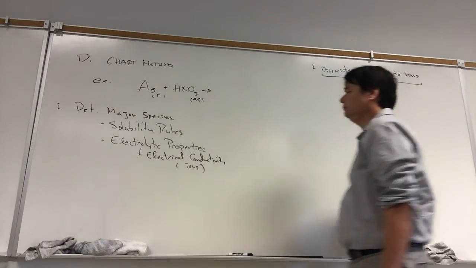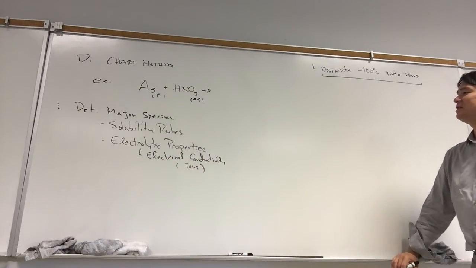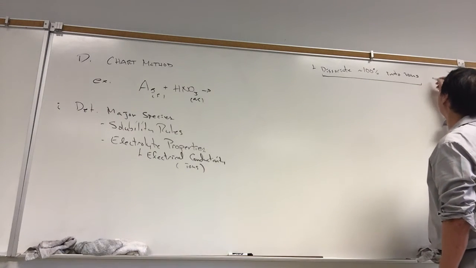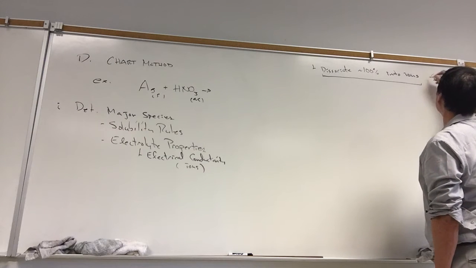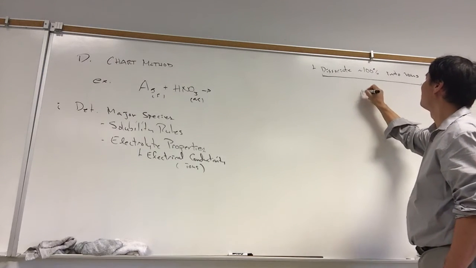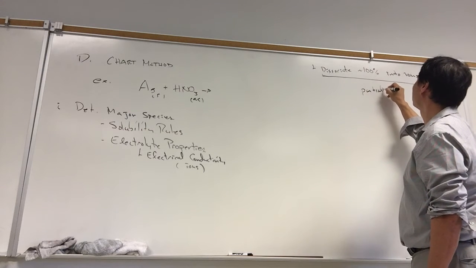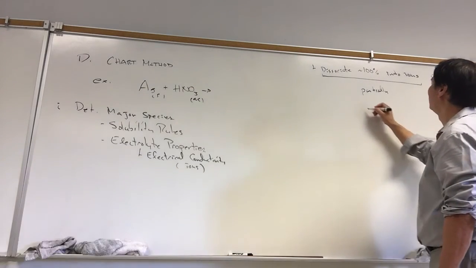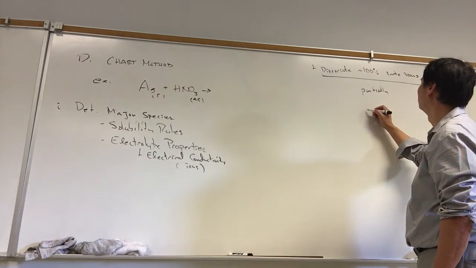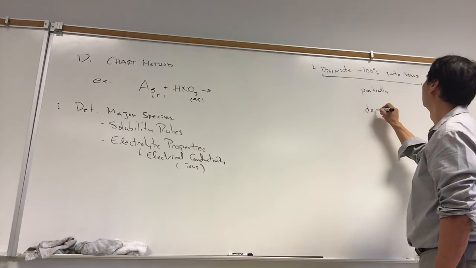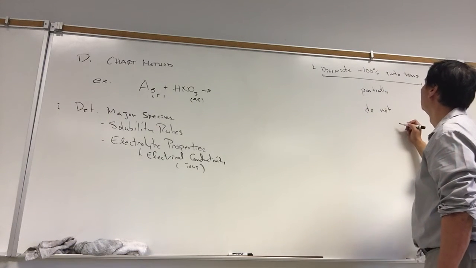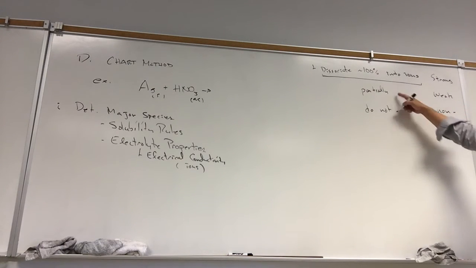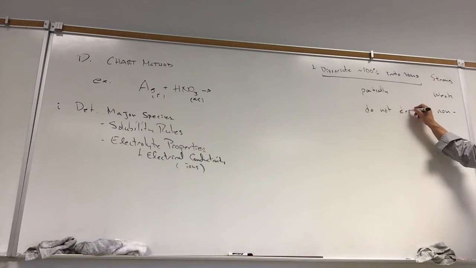Now, what types of species? If they dissociate almost 100% into ions, we call those strong. But some things don't. Some things partially dissociate into ions; we call them weak. And if they do not dissociate, we call them non.